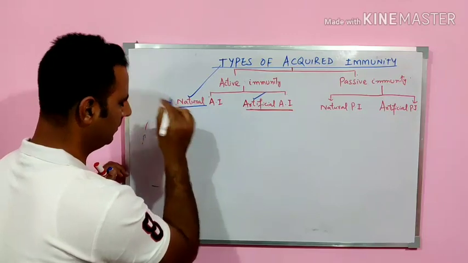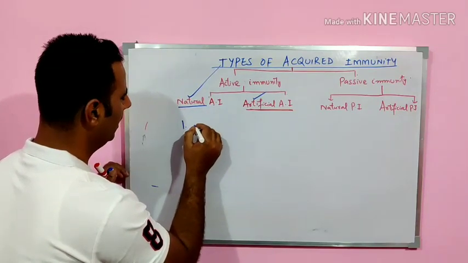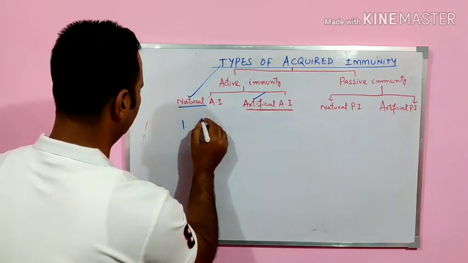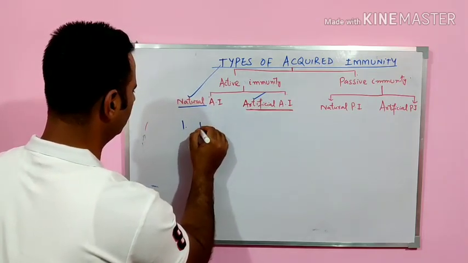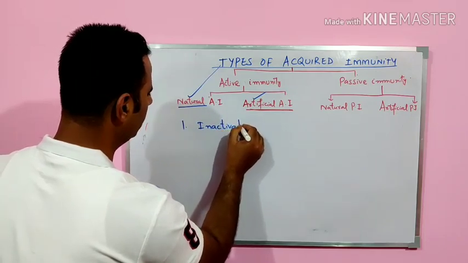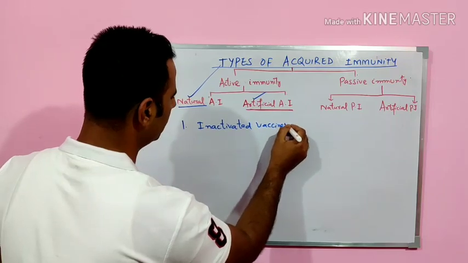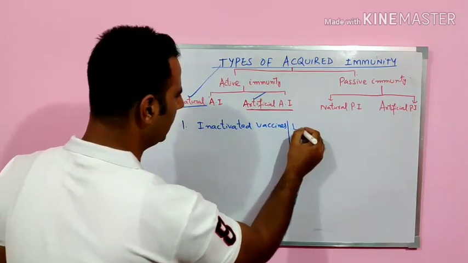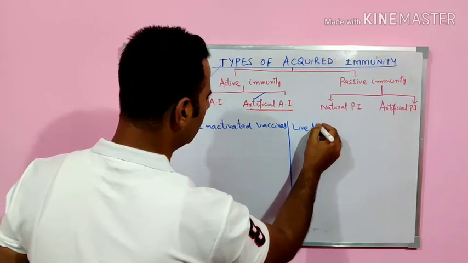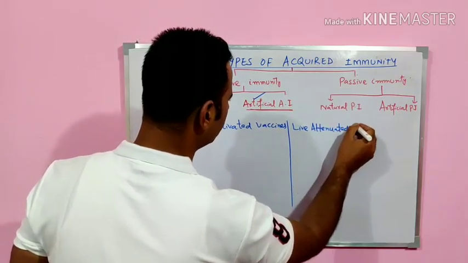One vaccine we call inactivated vaccines. We have a second category, live attenuated vaccines.